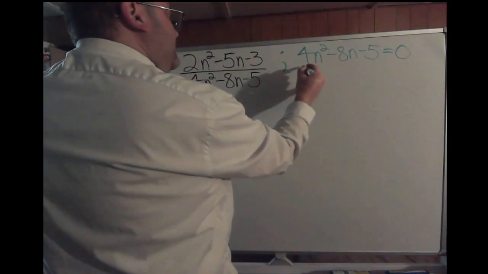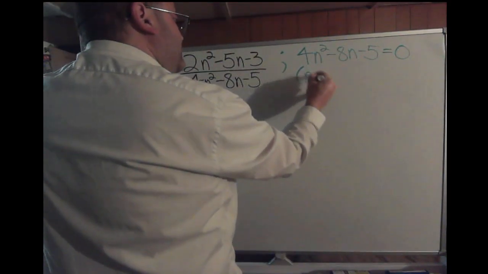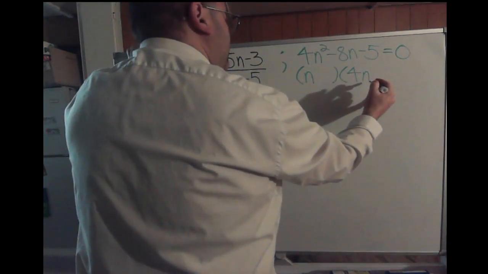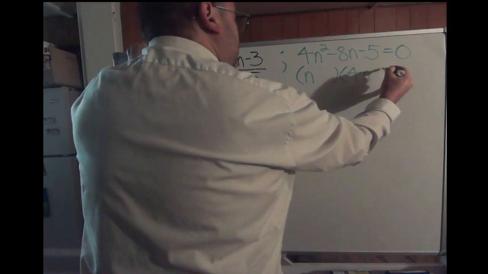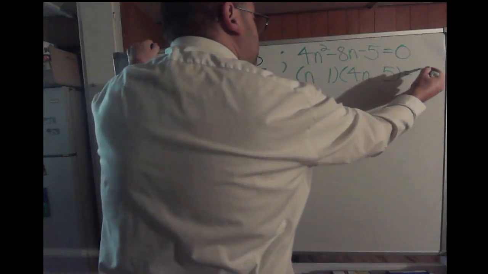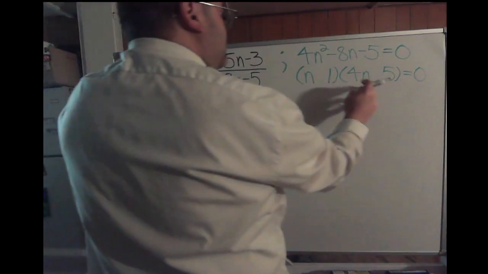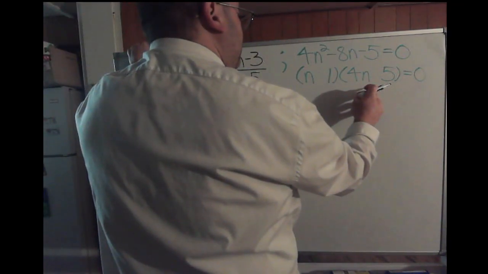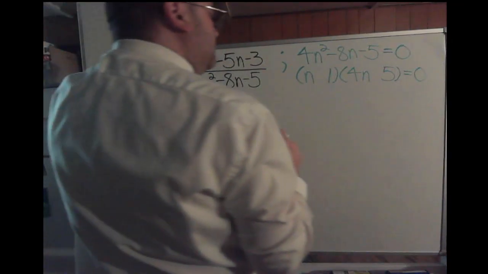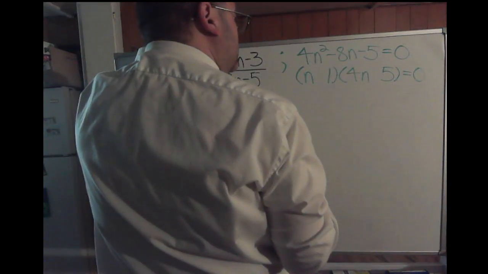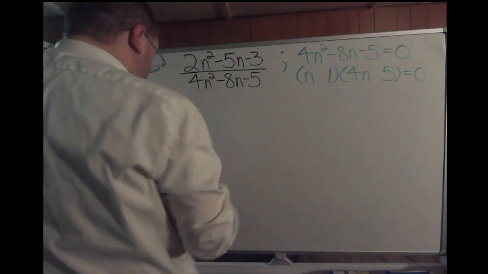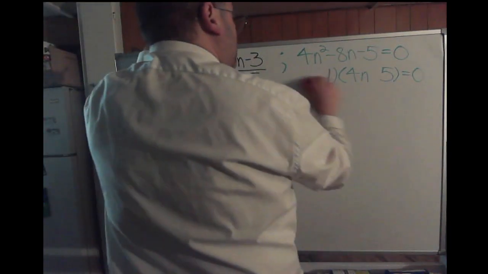We need to factor this first, so we'll take n, then you'd have your 4n. Looks like we're going to have a 5 and a 1. Well, that was the wrong factorization.